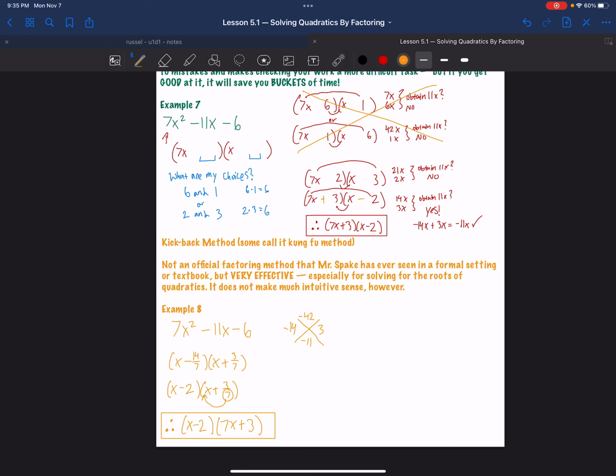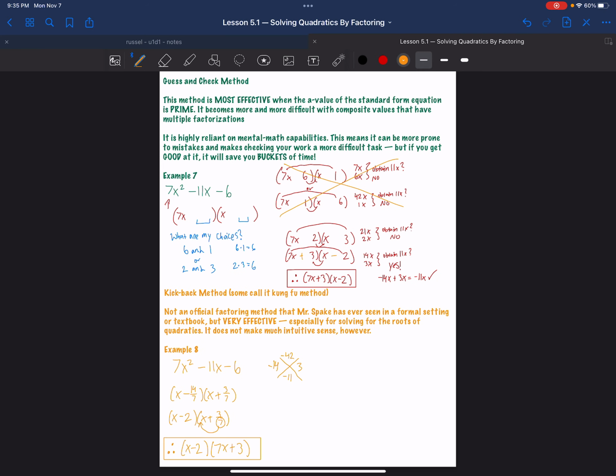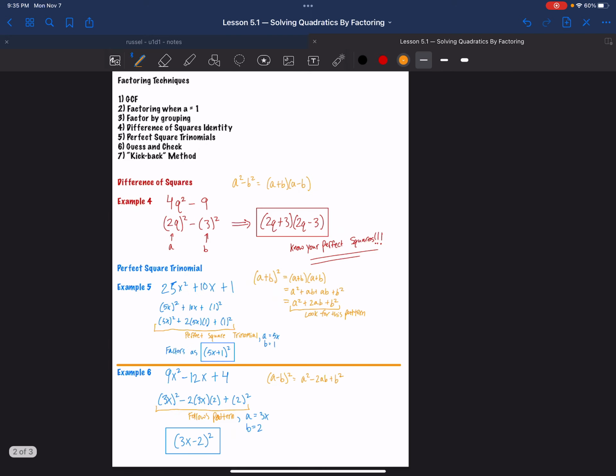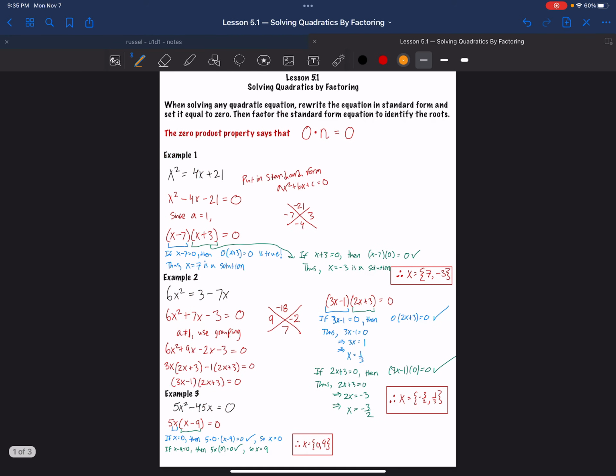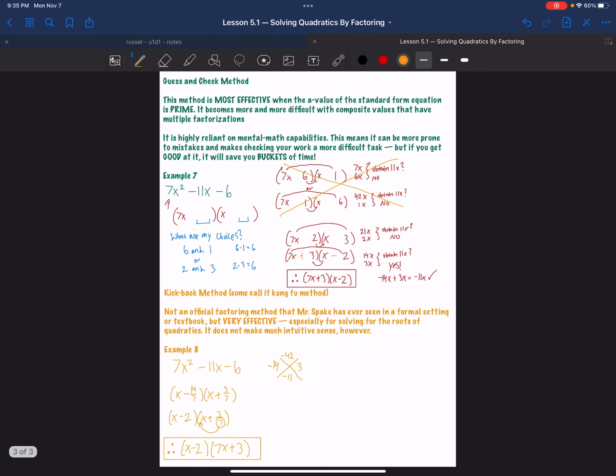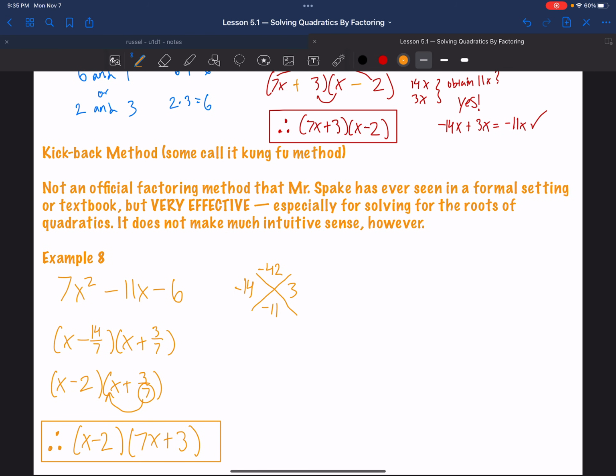And you might be saying, what the heck, Mr. Spake? You went through this guess and check method. You went through this perfect square trinomial stuff. You went through all of this nonsense by grouping. Why didn't you just show me this first? That's the easiest. I will tell you it's a student favorite. It's very effective. It's useful.